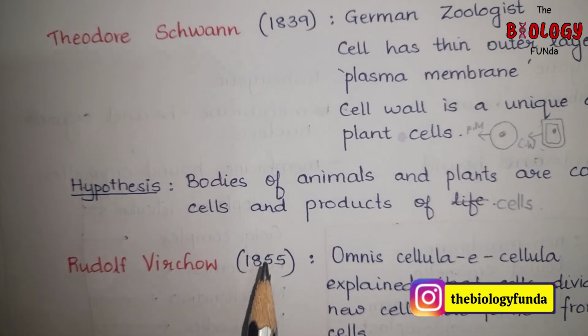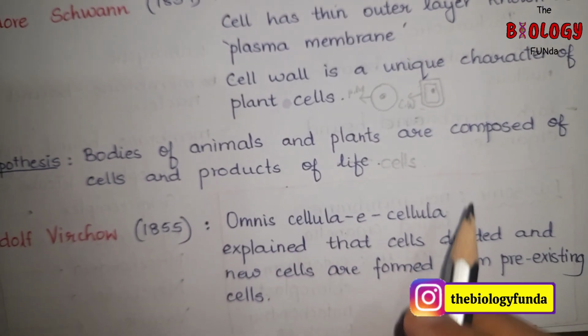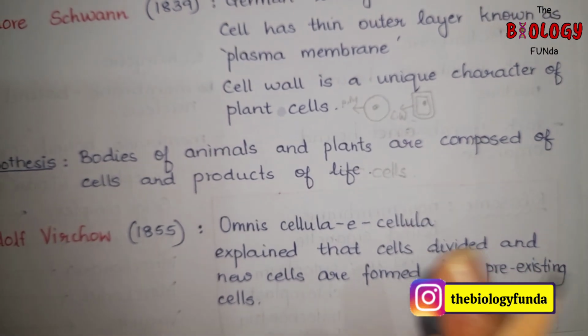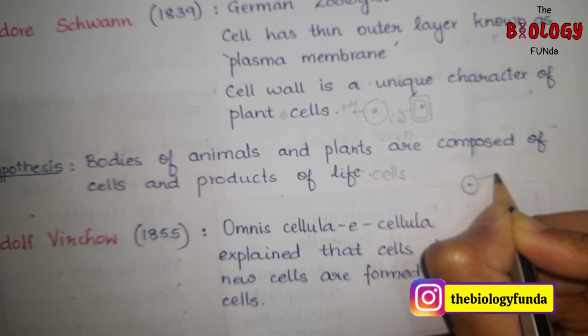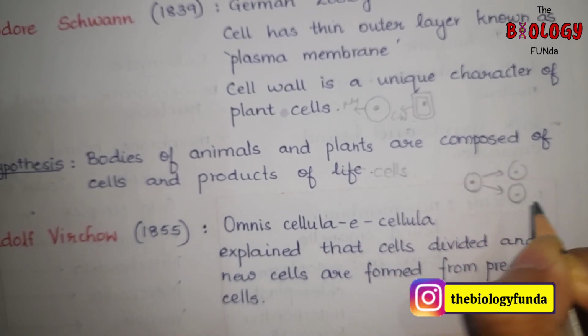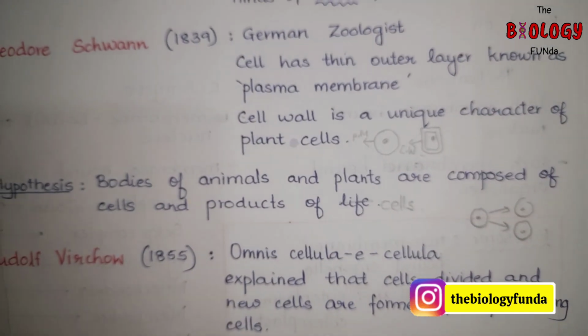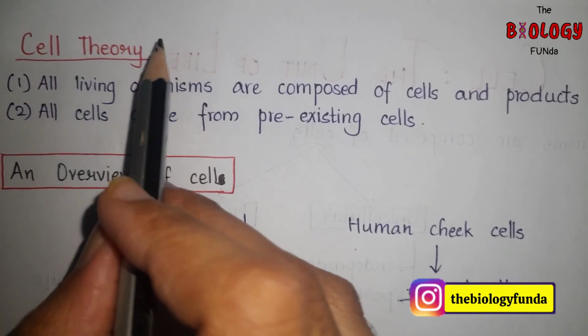After like 16 years, he said omnis cellula e cellula, which means that cells divide and new cells are formed from the pre-existing cell. So if this is a cell, it will divide and form new cells. So cells come from pre-existing cell. So with this, cell theory was modified.